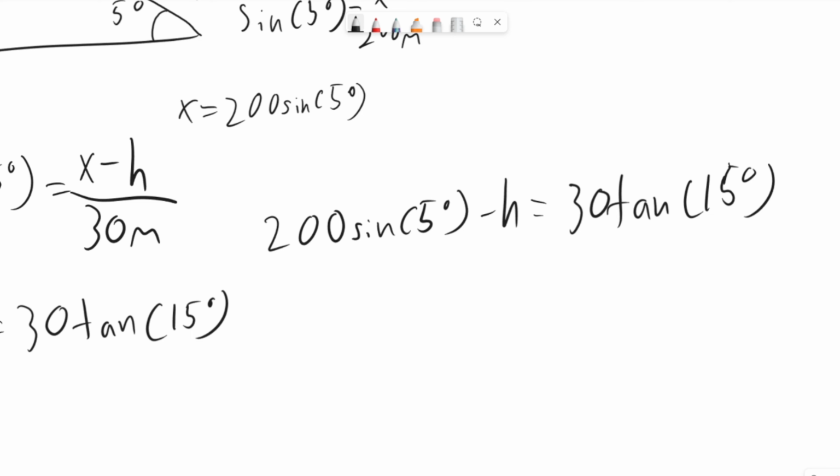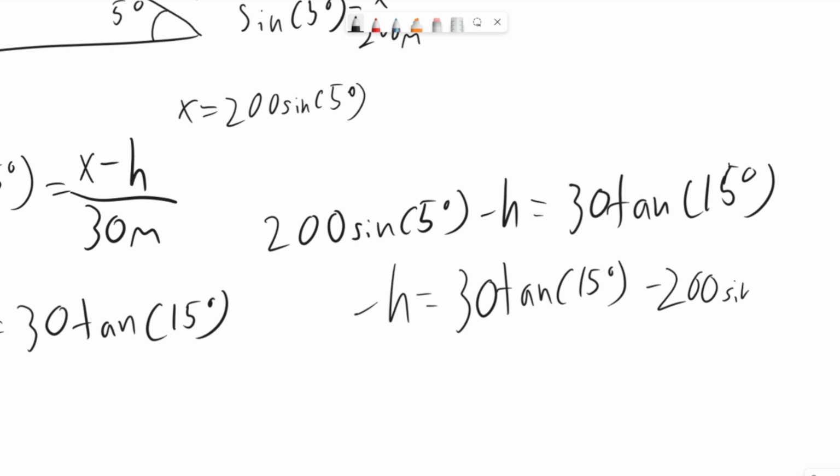So now we will subtract this, so we'll have negative h equals 30 tangent 15 degrees minus 200 sine of 5 degrees.